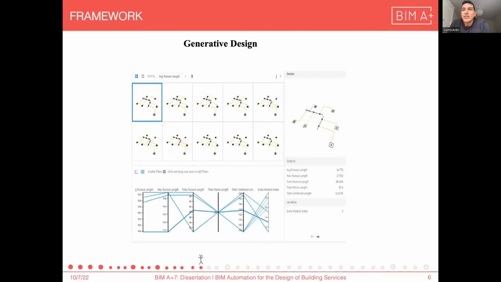Generative design means, for example, as a mechanical engineer, if we have one room and you distribute the grilles, and you need to make connections between these grilles or square diffusers, you can make it by your own design, or you can take help from generative design to make the connection between these diffusers. This enhances your design and gives you multiple choices to choose which one is better for less friction and reduced material and whatever.